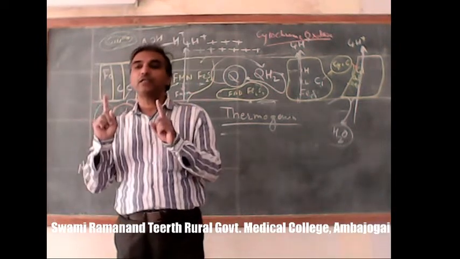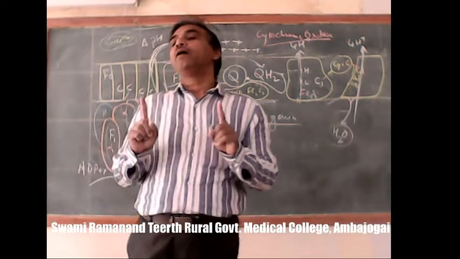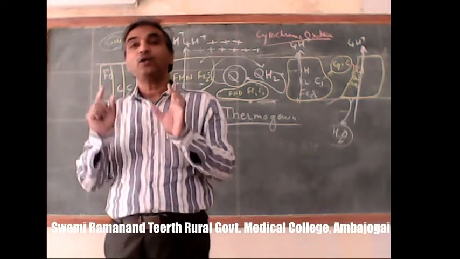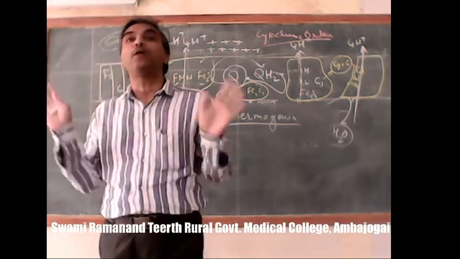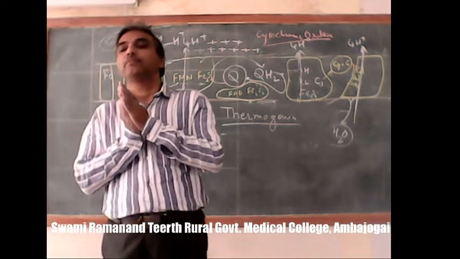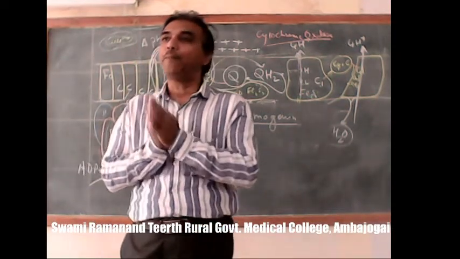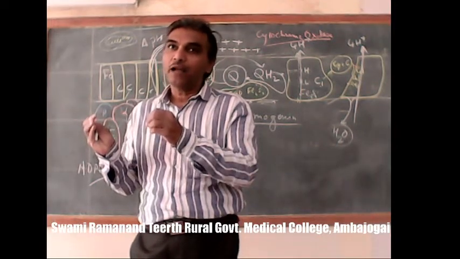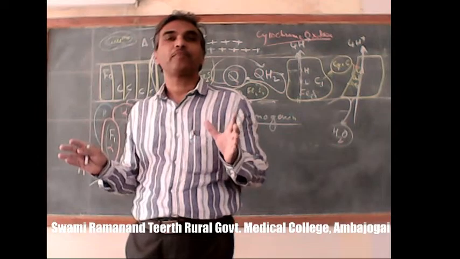First thing first, you have to keep in mind that in oxidative phosphorylation, two things are tightly coupled to each other. One thing cannot happen without the other. So oxidation is there and phosphorylation is there.